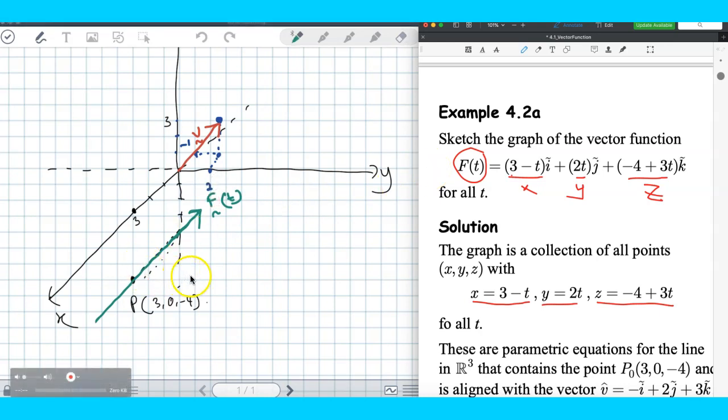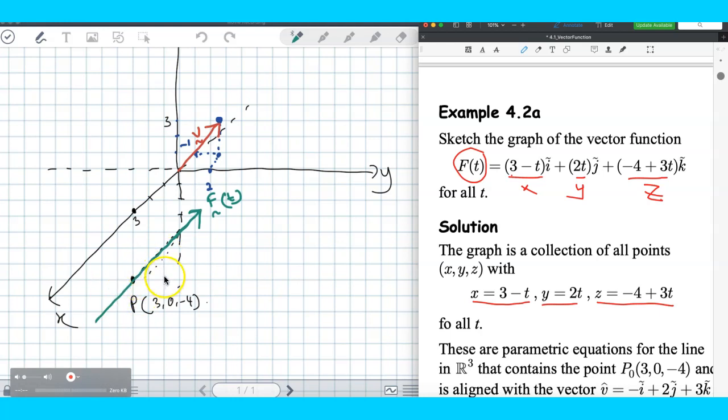Okay. And then again, how can you obtain this graph? Because we know that in order for you to obtain the vector function, you must have a vector which is parallel to the line of the vector function F, and there must be at least a single point that you know passing through the line.